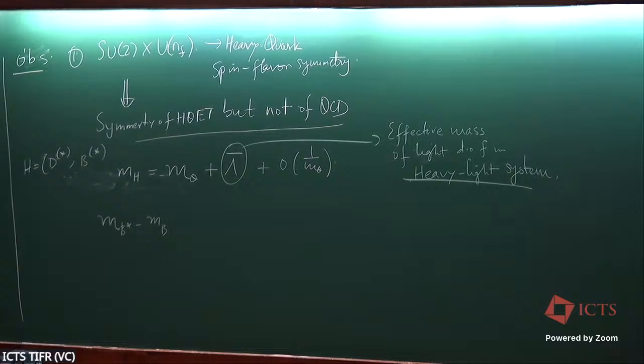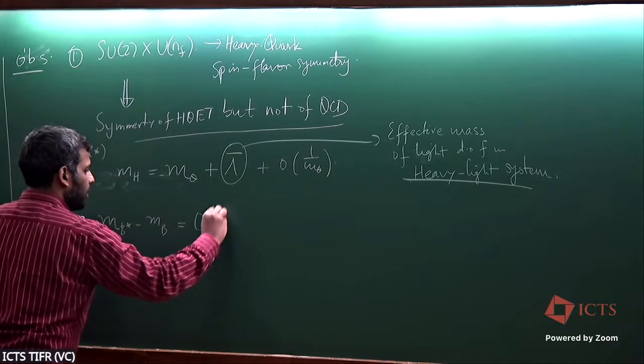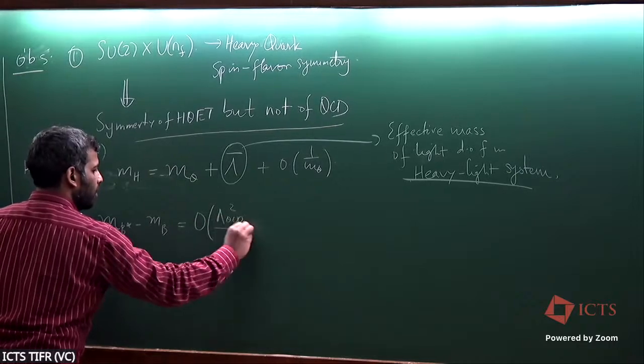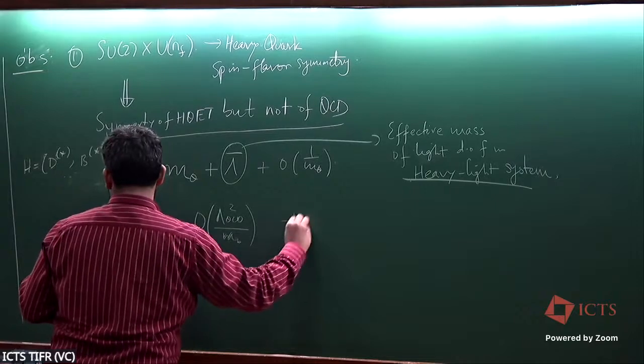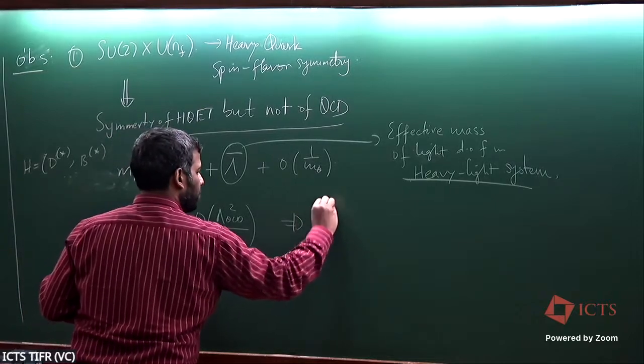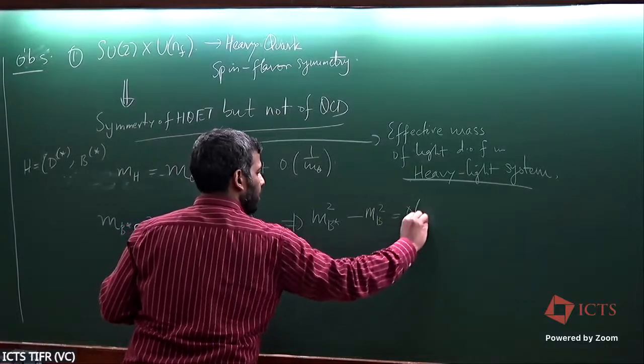So if you choose one scheme for heavy quark mass, you have to choose the same scheme for any parameters coming up in the expansion, like lambda bar or terms that will come up in 1 by m expansion. So this is order lambda QCD square over MB, which implies MB star square minus MB square is order lambda QCD square.